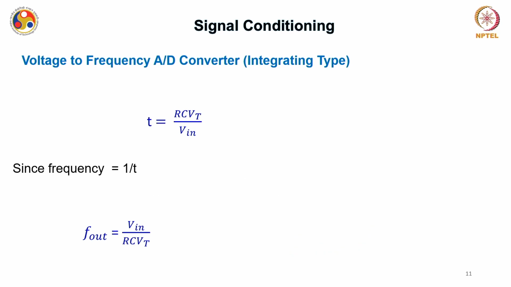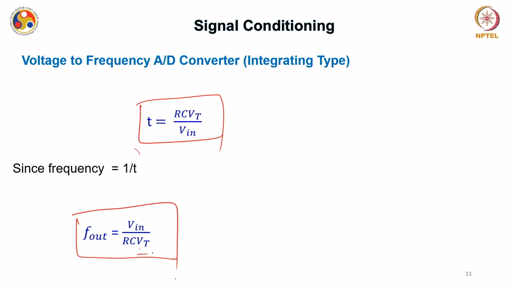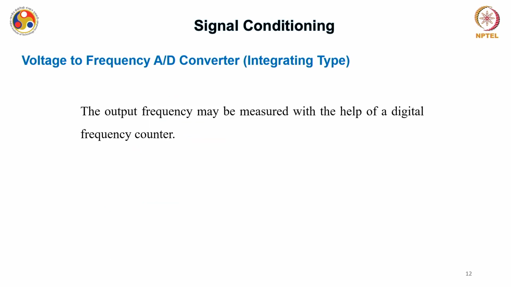Now, we have seen that T is equal to RC into Vt by Vin, so the frequency can be written as 1 by T, or Vin by RC into Vt. I can say that this Fout is mathematically equal to Vin by RC into Vt.